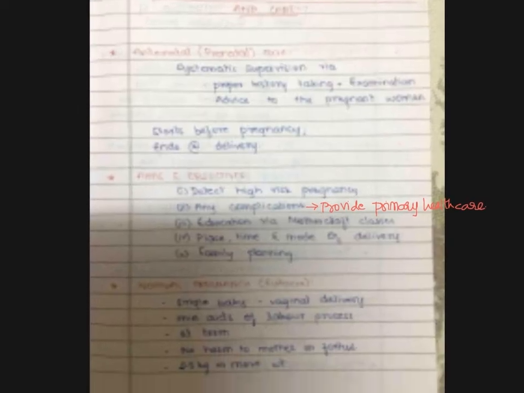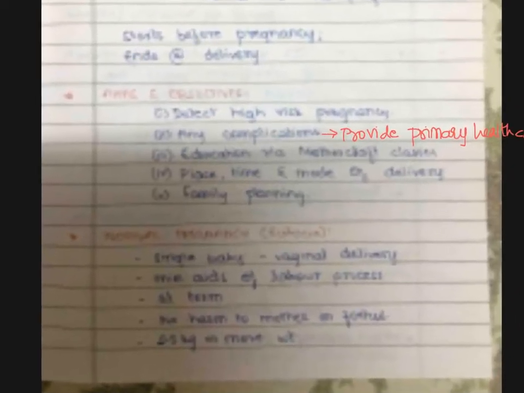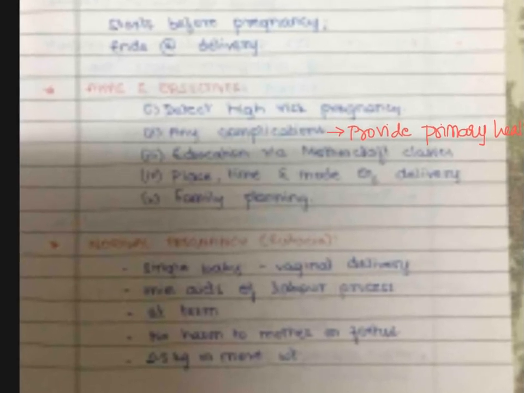Coming to the next thing, a normal pregnancy, also called eutocia. There are many criteria for the pregnancy to be considered normal. First thing is that it should be a singleton pregnancy, that is, it should have a single baby.